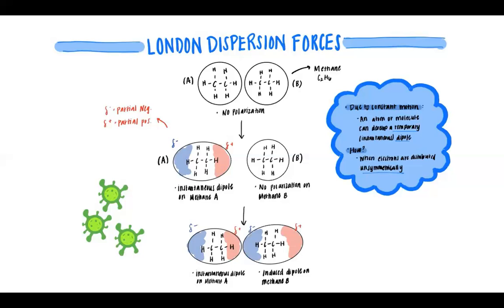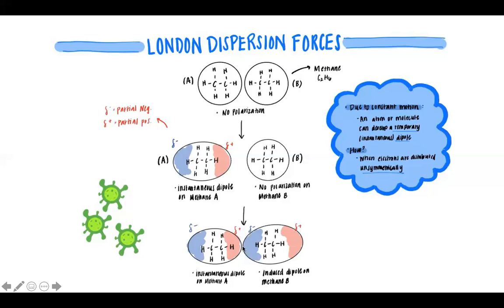In the second step, methane A develops an instantaneous dipole due to the unsymmetrical distribution of electrons. So there are more electrons over here, making this side a partial negative, and then making this side a partial positive. In the third step, you see methane B is induced into a dipole because of methane A. So now they're interacting.